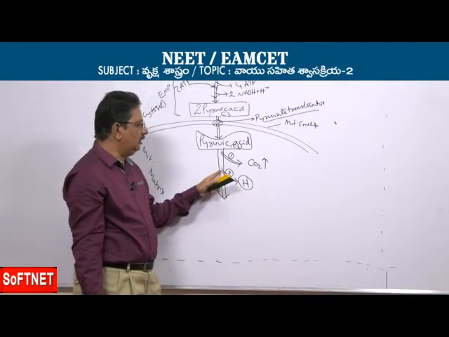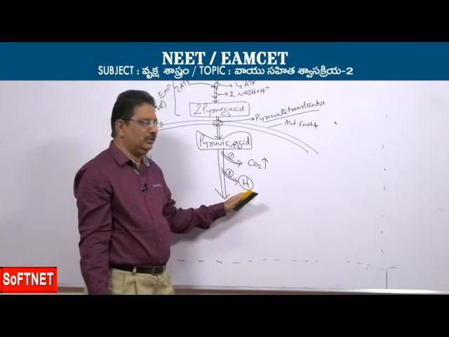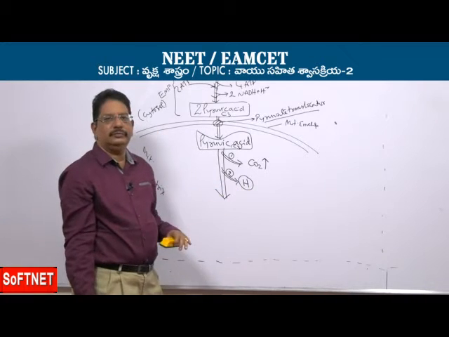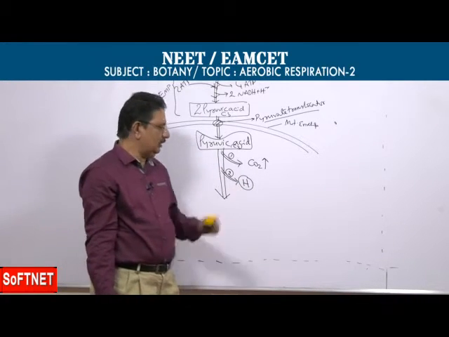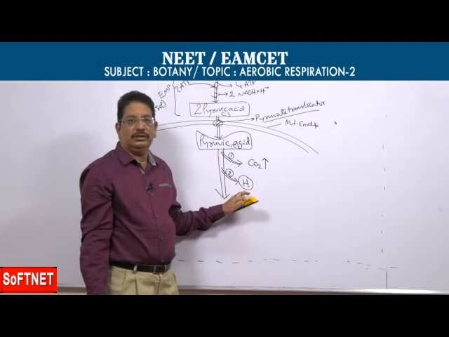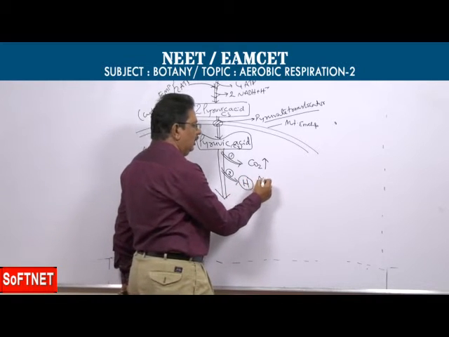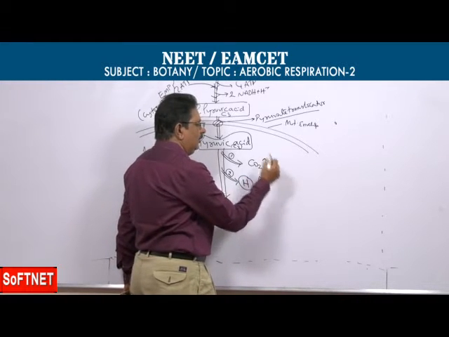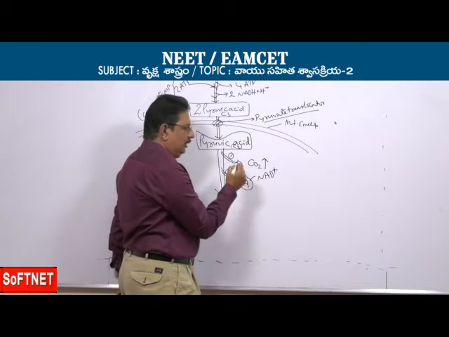Naturally, dehydrogenation, otherwise what is it? Oxidation. So for the second time in aerobic respiration, there occurred dehydrogenation or oxidation, and the hydrogens are accepted by a hydrogen acceptor called NAD plus.